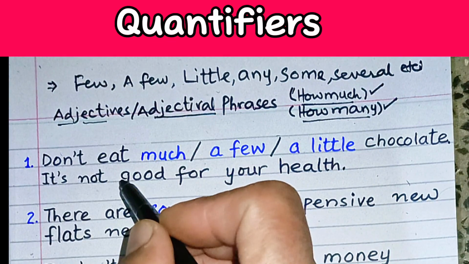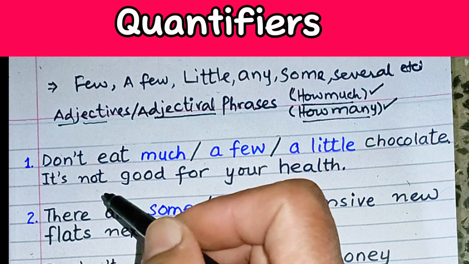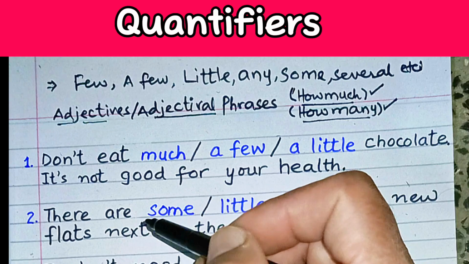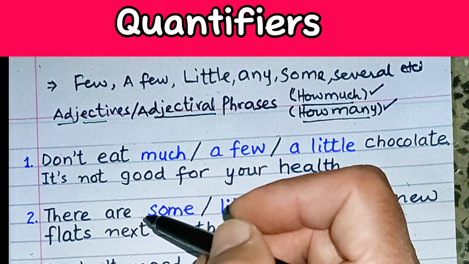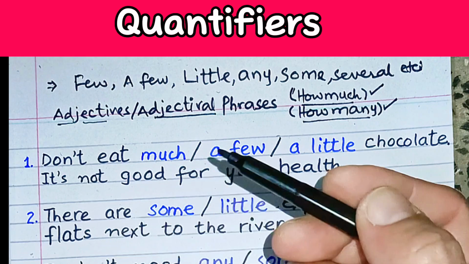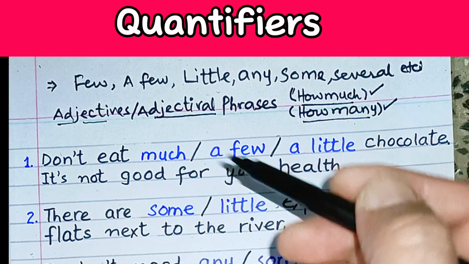Why quantifiers? They give us the idea of quantity, whether it is in the form of countable or uncountable nouns. It may be specific as well: one, two, three, much, many, all, each, etc.